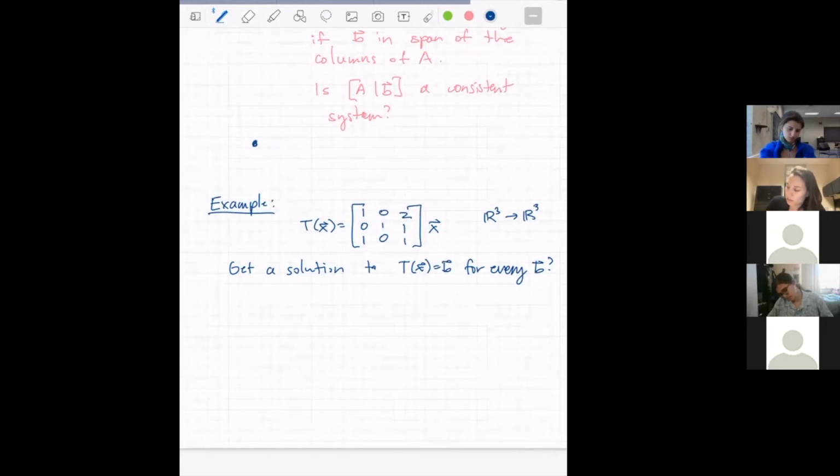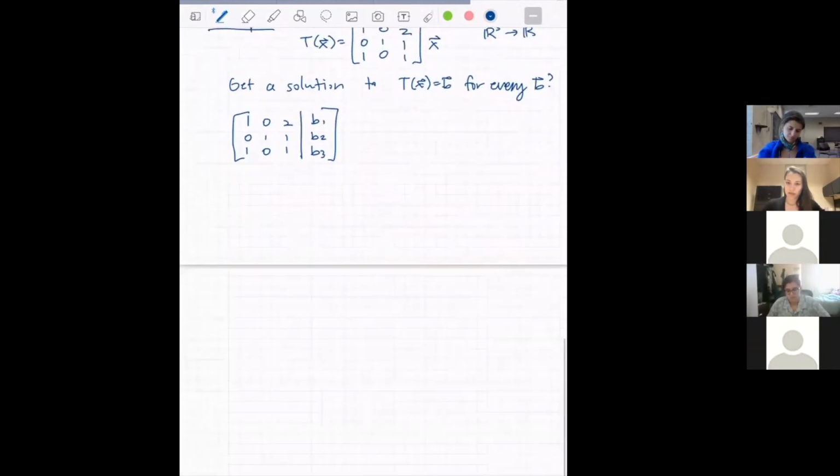And we can answer this by looking at the augmented matrix, where we'll just plug in an arbitrary b, right? So this is our matrix, and then we augment with an arbitrary vector b that has entries b1, b2, and b3, right? And then we want to row reduce, right?